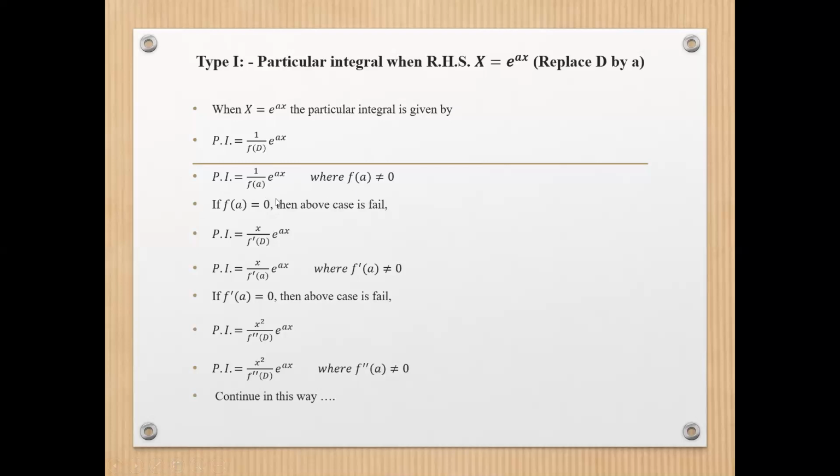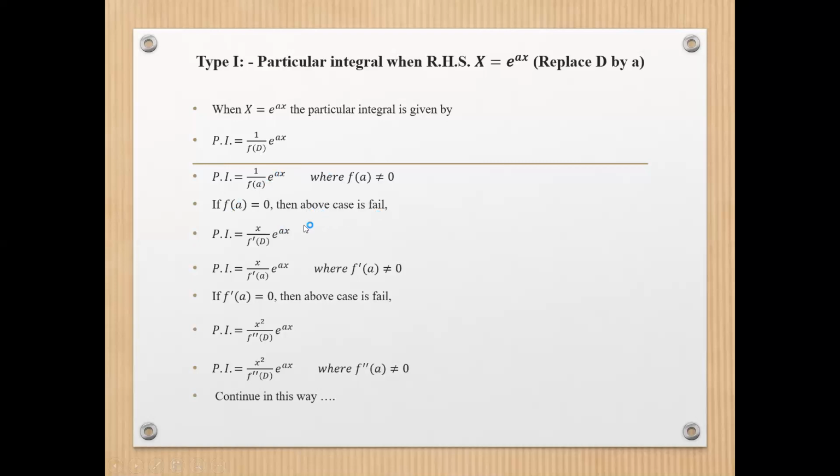As you know, if the denominator is 0 and the numerator is 1, then 1 upon 0 becomes meaningless. That's why the denominator must be non-zero. If the denominator is non-zero, this is our required particular integral. If we put a in place of D and the denominator becomes 0, then this case fails.